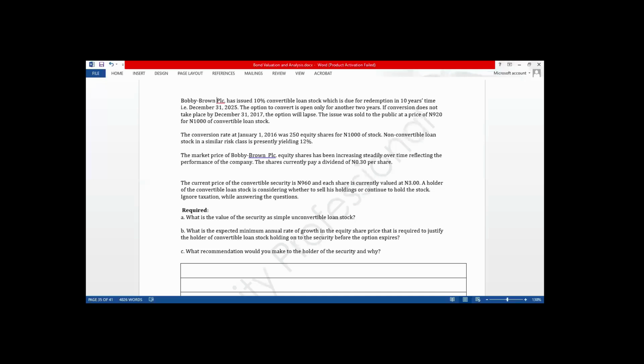If you look at requirement A, the examiner says, what is the value of the security as simple unconvertible loan stock? What requirement A is testing is the valuation as a straight debt.